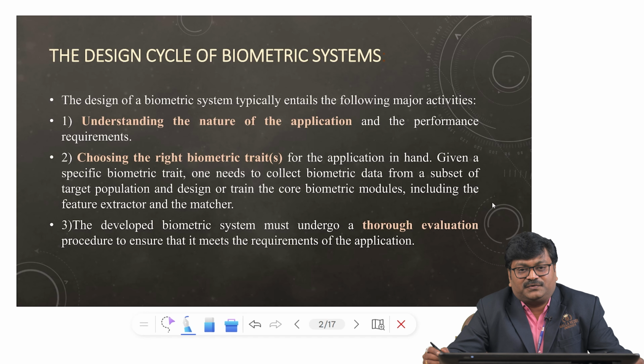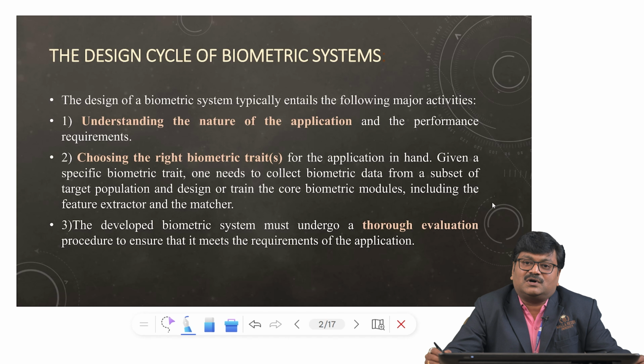So the first part of it, as I said, we need to understand where we want to use this particular biometric system. Understanding the nature of the application is the primary requirement before we go for biometric processing. And the second most important thing is that, based on the application, we need to choose the biometric trait.